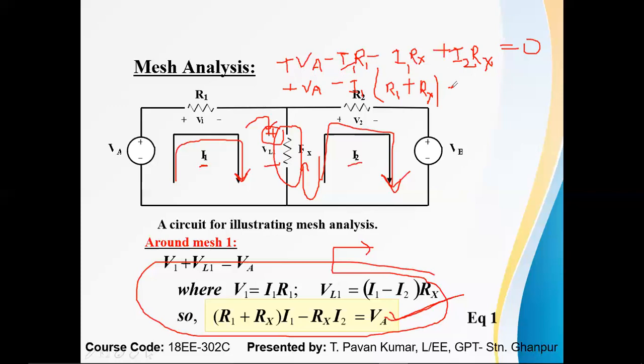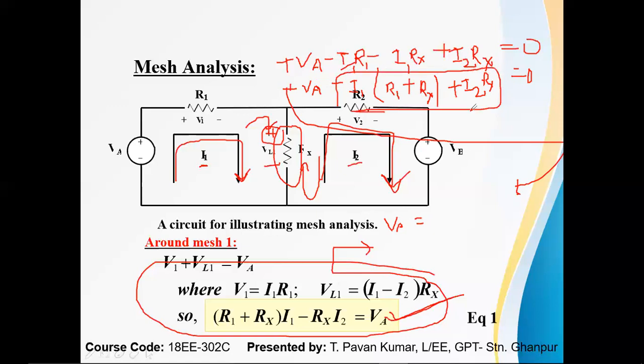And this will become a plus I2 Rx, right? Is equal to 0. Should I write this equation in this way? I'm going to write this equation in this way. VA is equal to, I am sending this term to the right side.